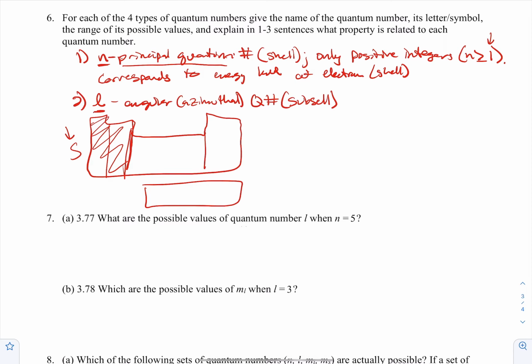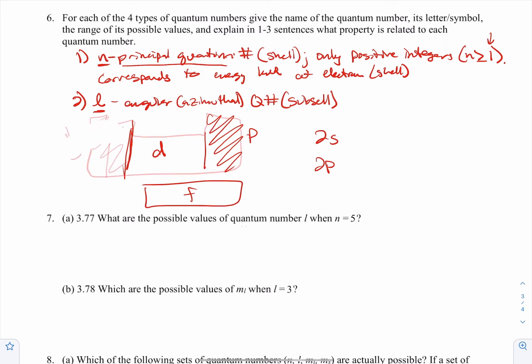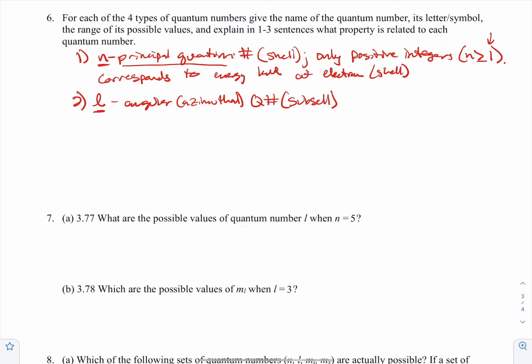Then over here we have the P block, this is the D block, and this is the F block. Each of these is a particular subshell within the shell. For example, you can have a 2s subshell, but you can also have a 2p subshell, and they'll have their own orbitals. That's what we're thinking of when we talk about subshells.